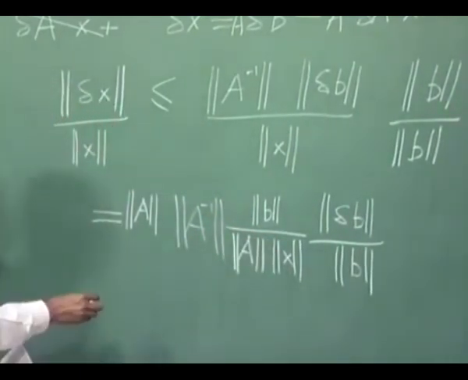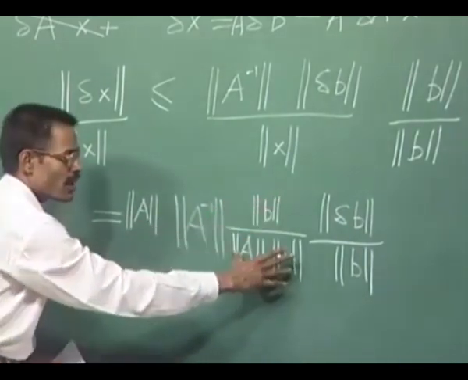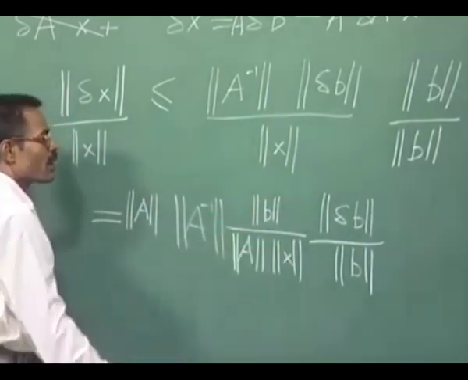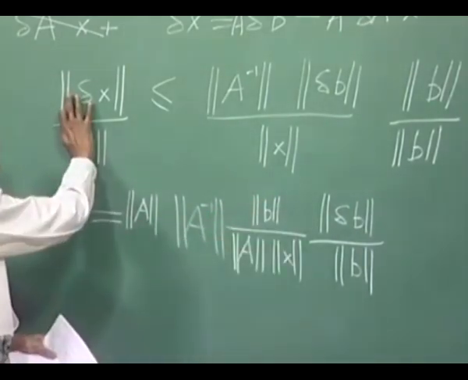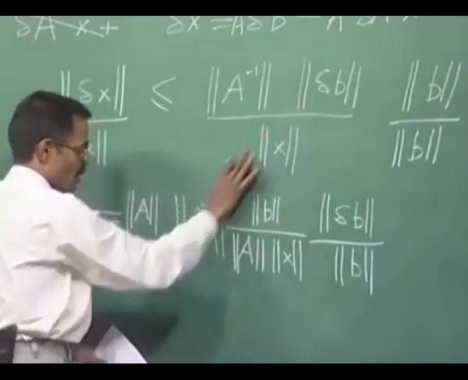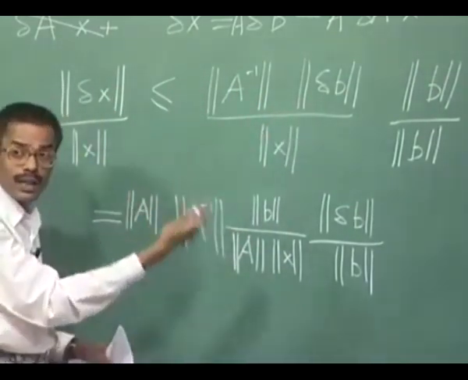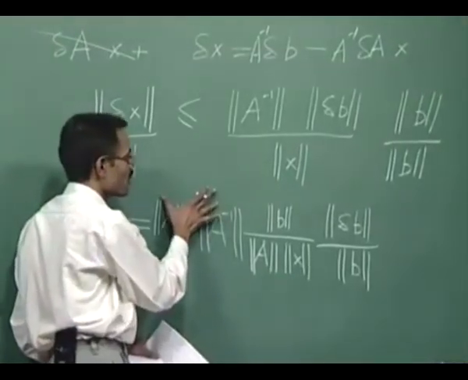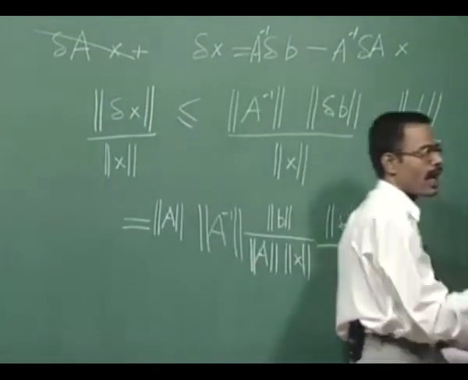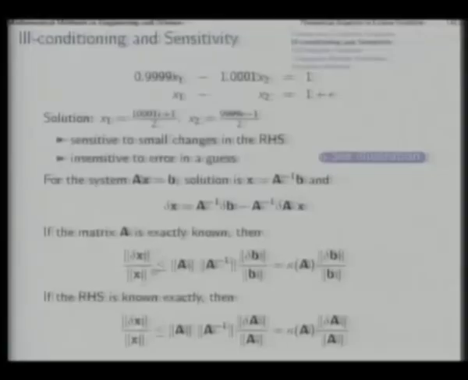So this whole fraction is less than or equal to 1. So this side is less than or equal to this, which is equal to this, which is further less than or equal to this into this, and that is shown here. That is, this fraction is less than or equal to this. What is this stuff here? It is defined as the condition number of A.